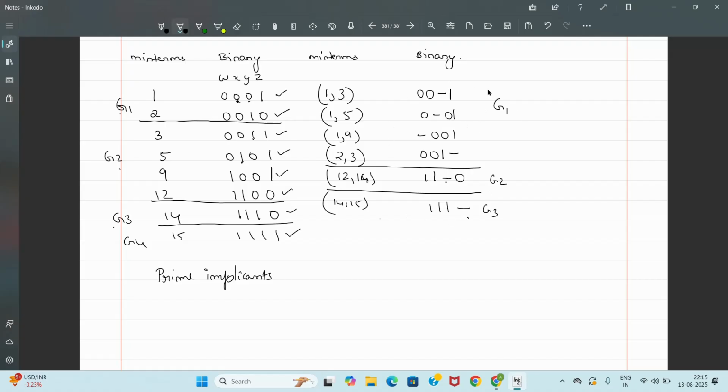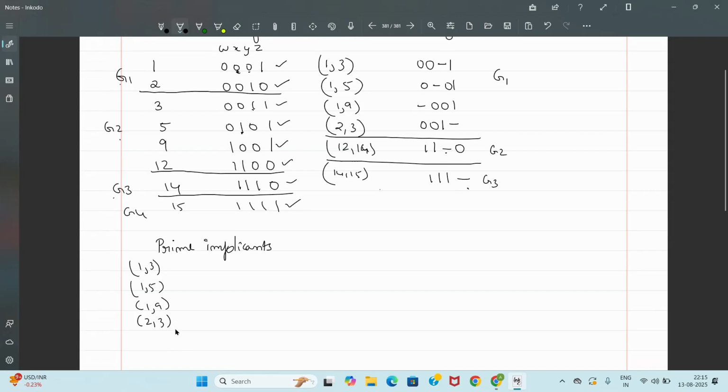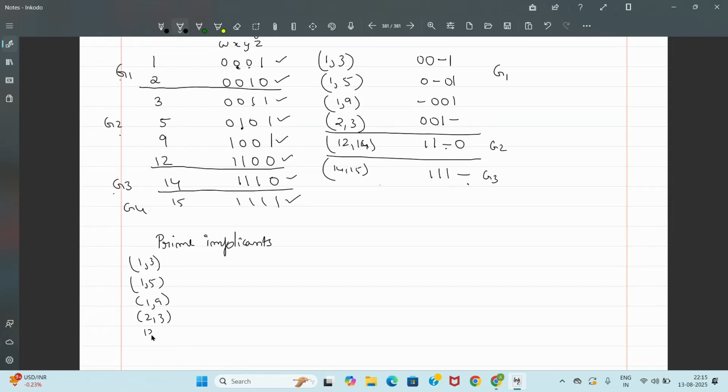But from the second column, none of them were able to be grouped, so you have to write all of them in this prime implicant list. Okay, so starting from the first one you have 1 comma 3. Next you have 1 comma 5, 1 comma 9, 2 comma 3, 12 comma 14, and 14 comma 15.